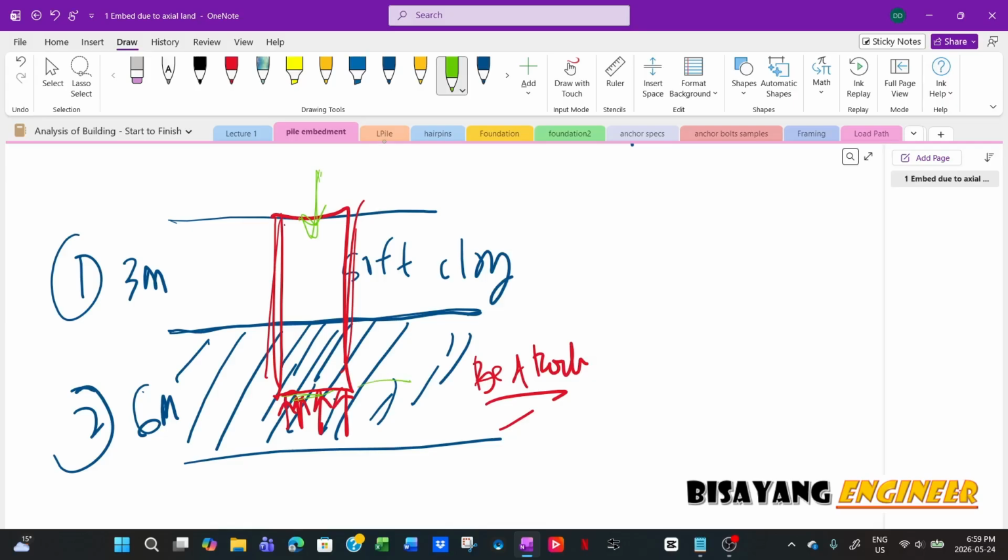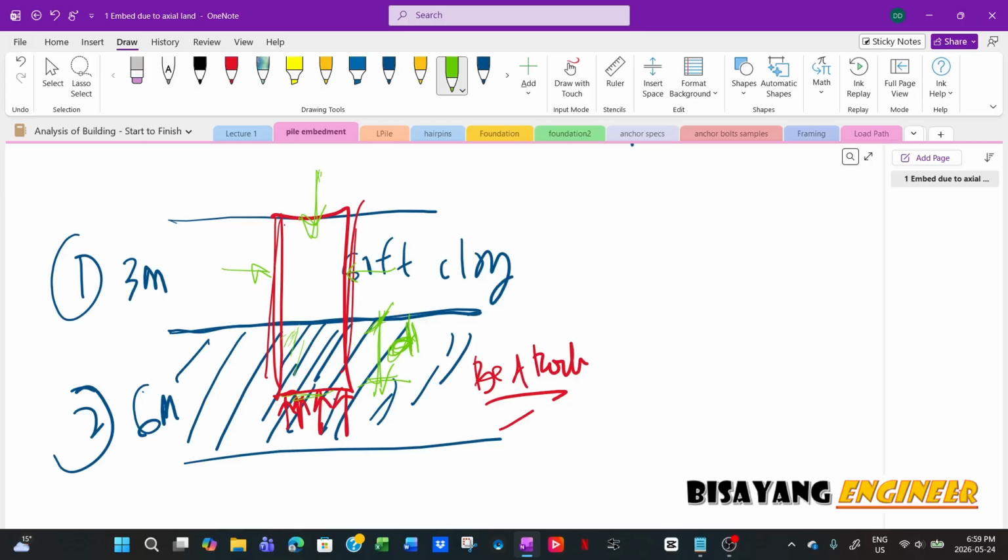And then for this depth, most geotechnical engineers would recommend this embedment to be equal to whatever the diameter of this pile is. Embed that pile equal to the diameter into the bedrock, and that is already enough for embedment.